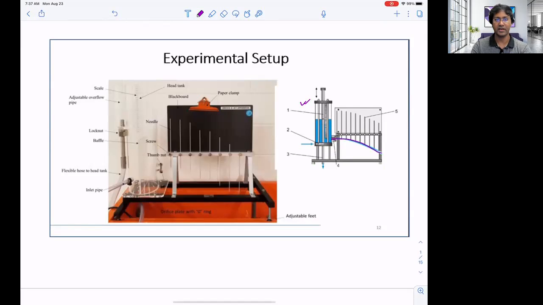It is flowing like a projectile. So we'll apply exactly the same principle that we apply for a projectile, and we'll calculate the actual velocity and the point of hitting, we'll calculate that distance and the velocity. So that is the practical setup.